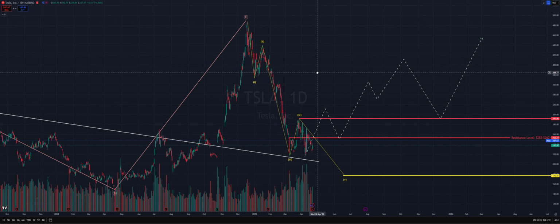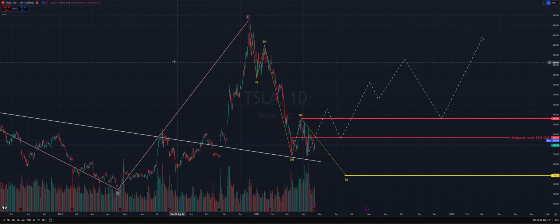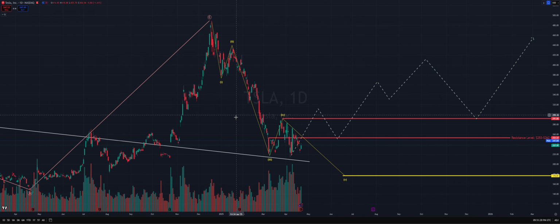You have a bull case if Tesla could get above that 291, come back down, and form support at this 253, 262 area, and validate this wave 4 over here. But as long as it's trading below this wave 4, it has not invalidated anything. So you're still within this setup here, which is coming back down and retesting this level over here. So that's what I have. Hopefully that was helpful. That's my setup on Tesla.